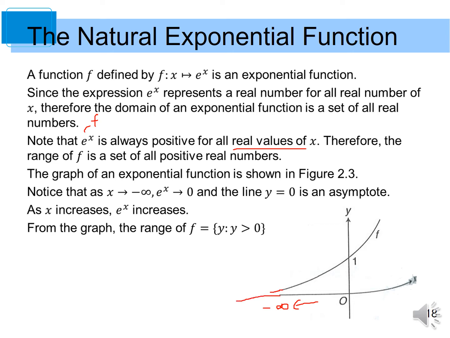The curve will get closer to 0 but not touch y equal to 0, and the line y equal to 0 is an asymptote. As x increases, e to the x increases, so the curve increases. So the range of this function is y greater than 0.